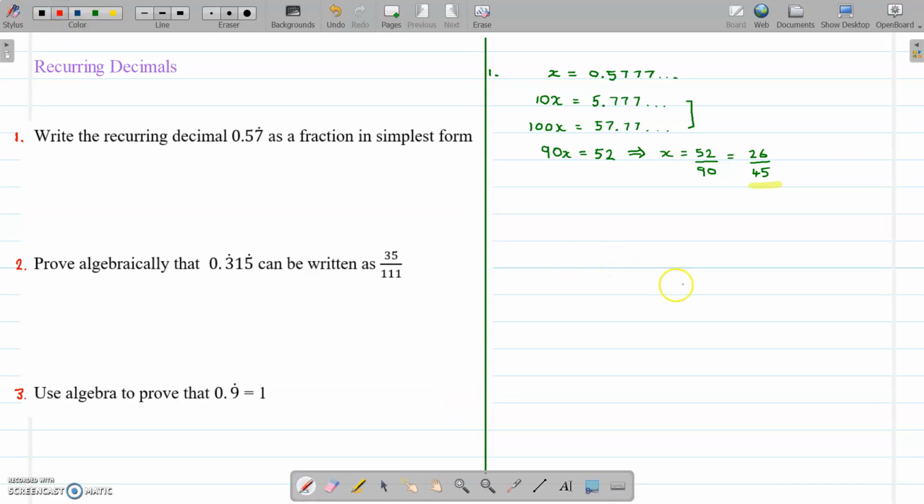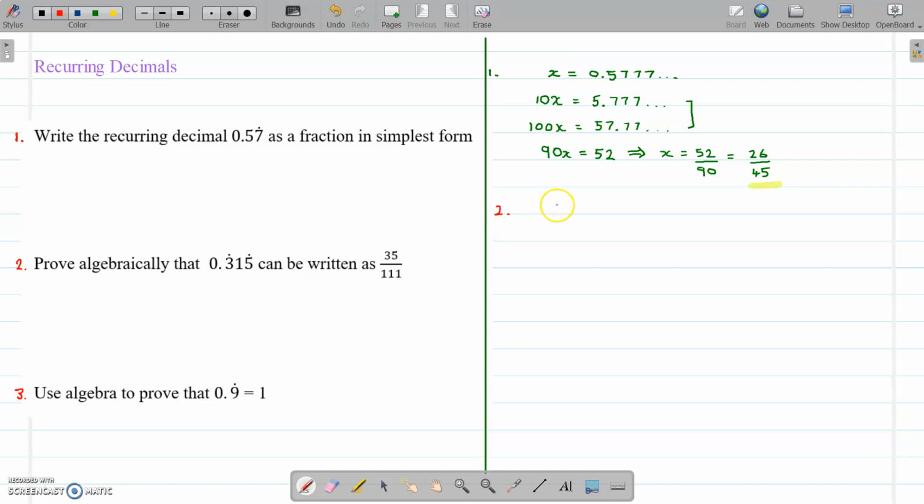So question 2. We'll need a bit more room for this one, as you'll see why now. We do begin in the same way, but we need to understand what this 315 with the dots in that position mean. So let's have a look.